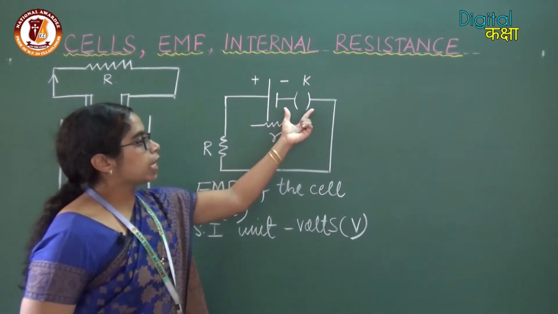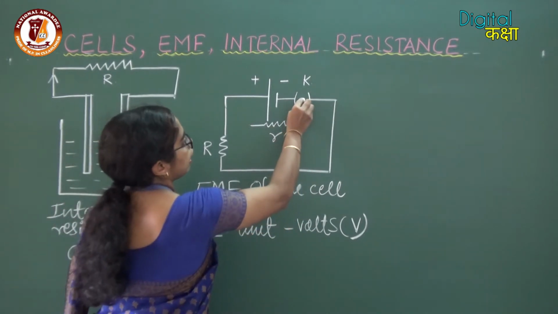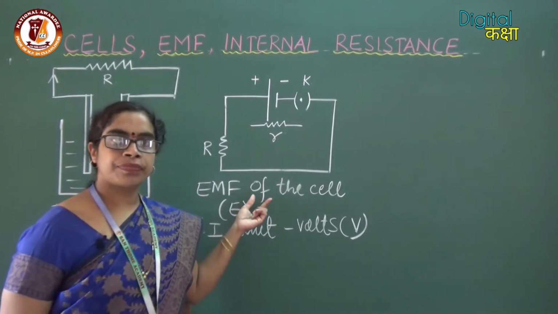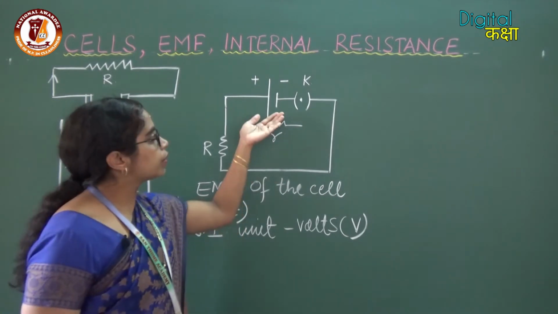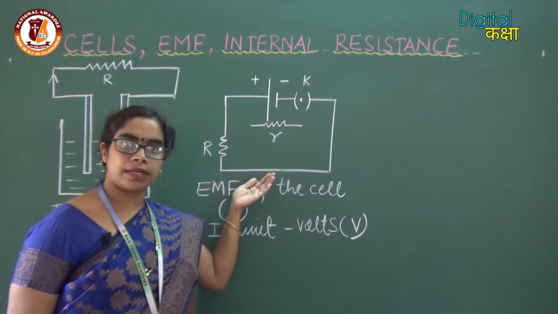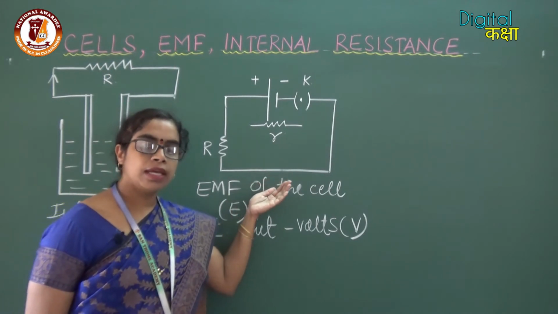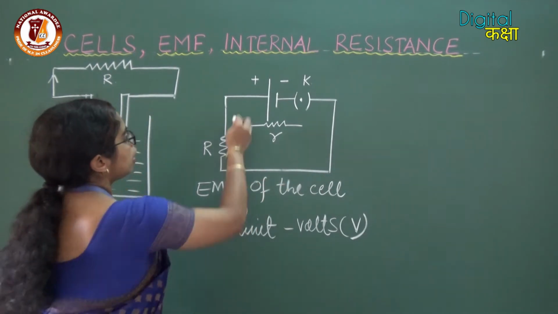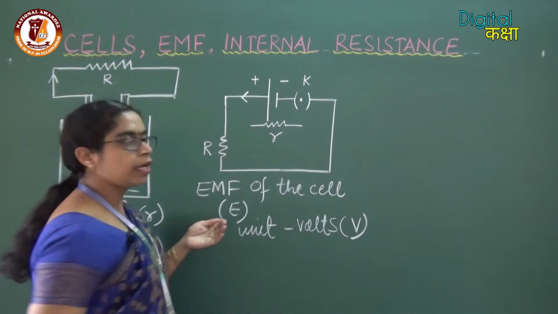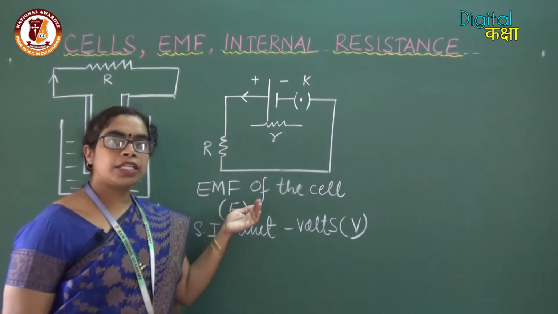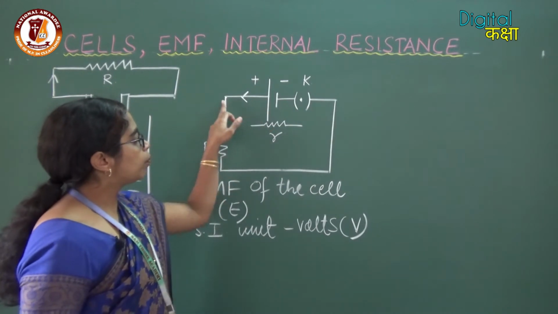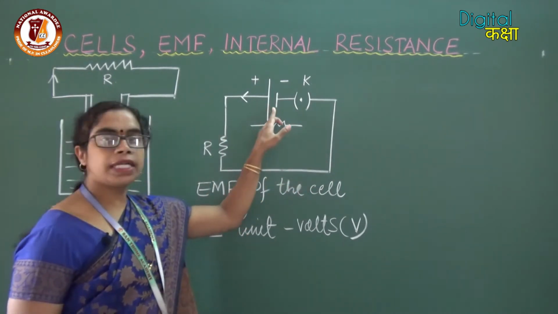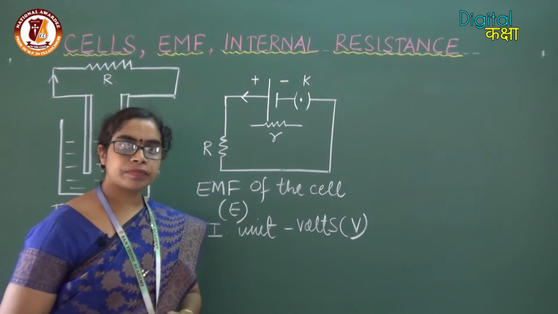Now, when the key is closed, we are talking about the working of the cell in the closed circuit. In this case, the current will start flowing in the circuit, and its direction outside the cell will be from the positive to the negative terminal of the cell.